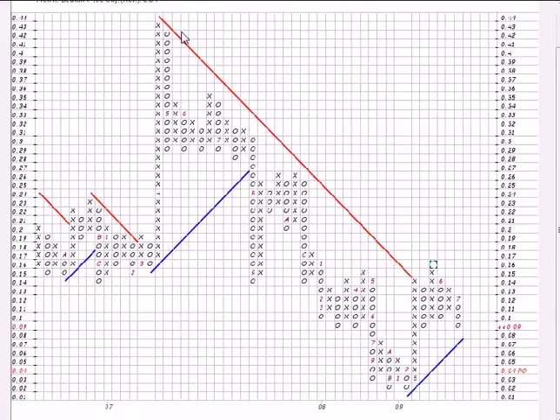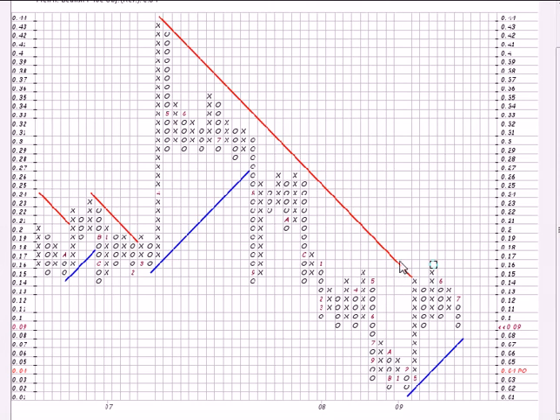Another thing on this chart that you'll see are diagonals. This diagonal happens to represent a resistance, and this diagonal happens to represent a support. These are very important lines to keep your eye on, because diagonals are just as strong as a support or resistance as a double, triple, or even quadruple resistance and support that you see within the stock itself.